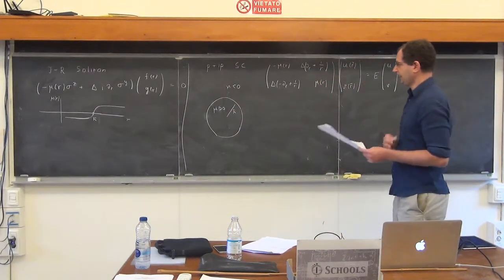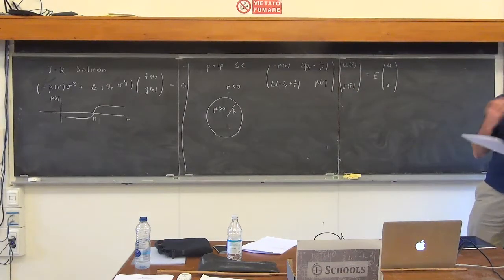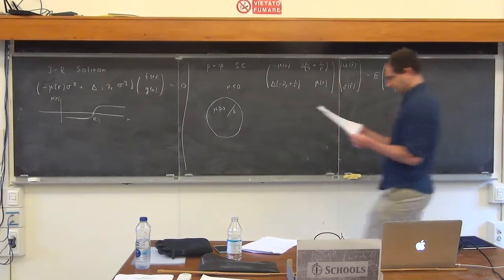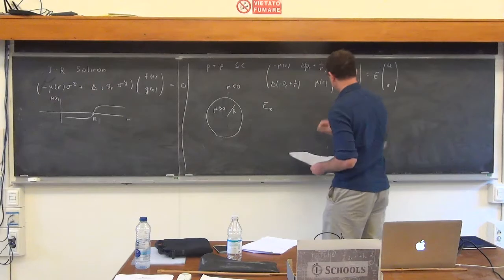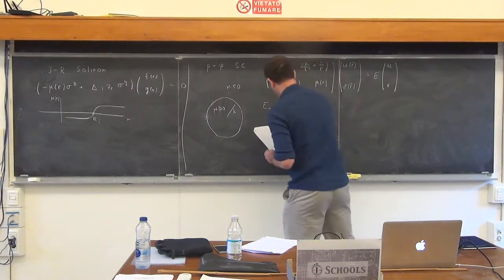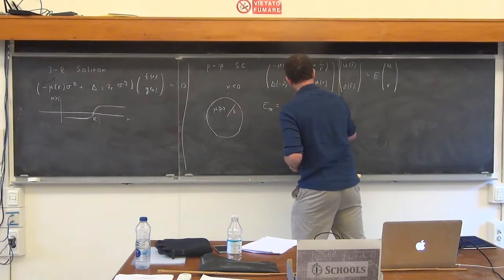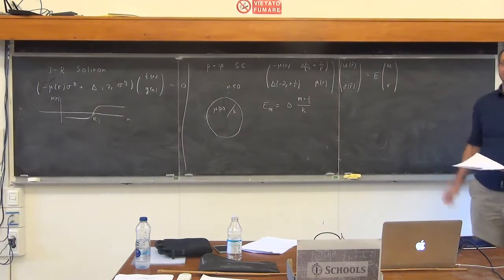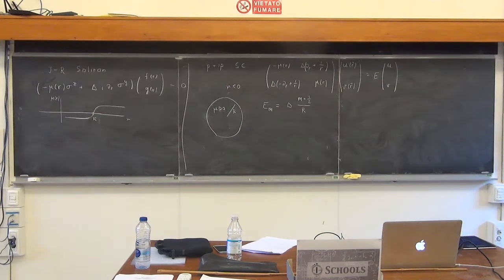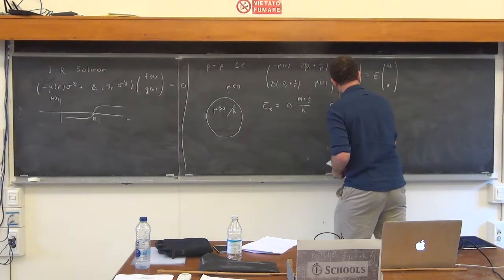We wrote these solutions with a well-defined angular momentum, and the spectrum as a function of angular momentum M was delta times M plus half over R. Because of the fact that u and v had to satisfy a periodic boundary condition as a function of theta, this M had to be an integer.